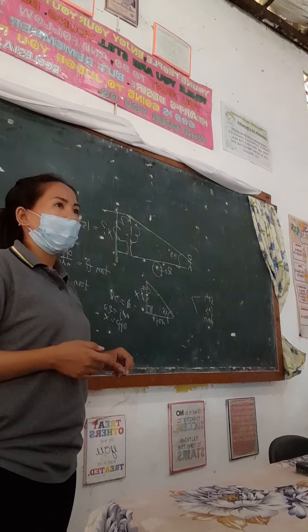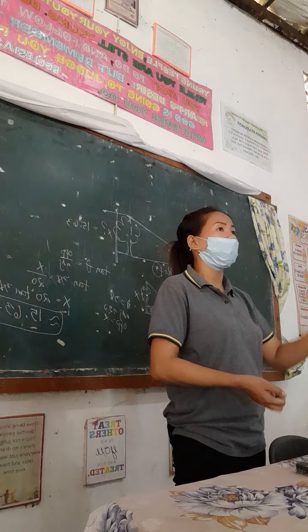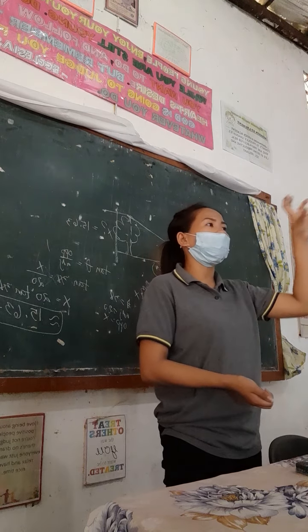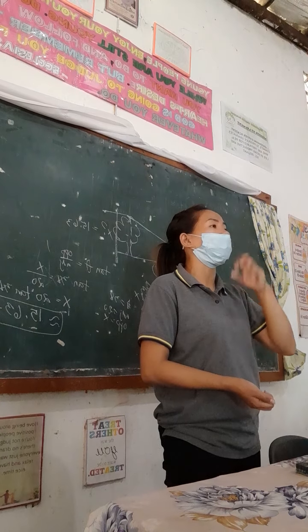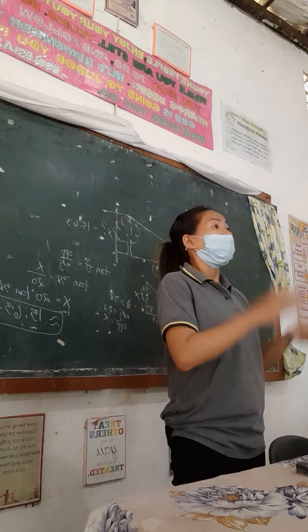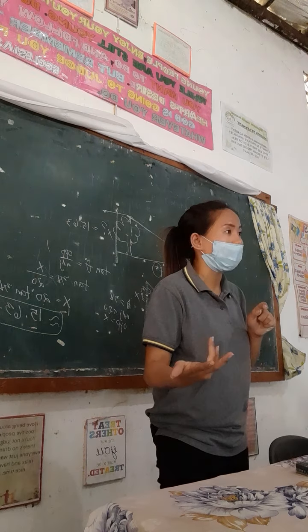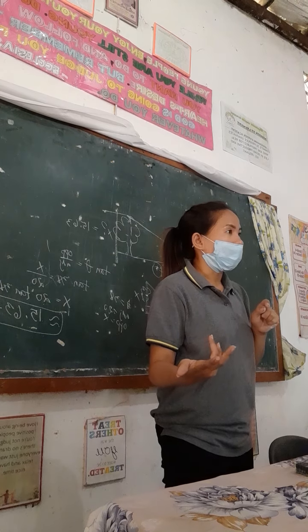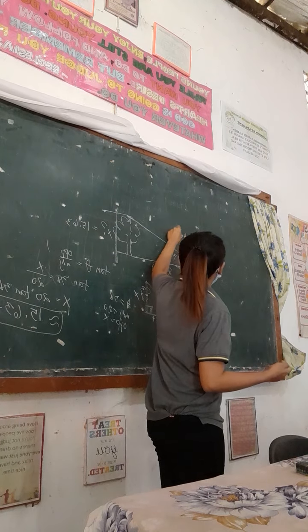When you solve using your calculator, you have to solve for the tangent first. Tangent 38 degrees, what is that? Equals, and then you multiply by 20. You should not include the 20 in the parentheses because that's a different value. Or you can also write it in your calculator as 20 tangent 38.